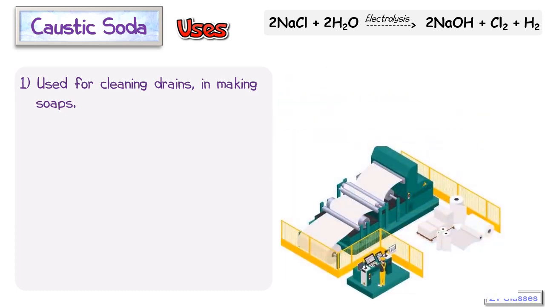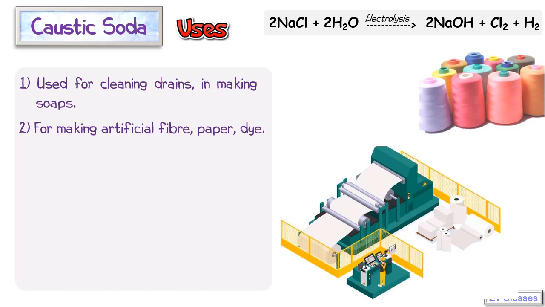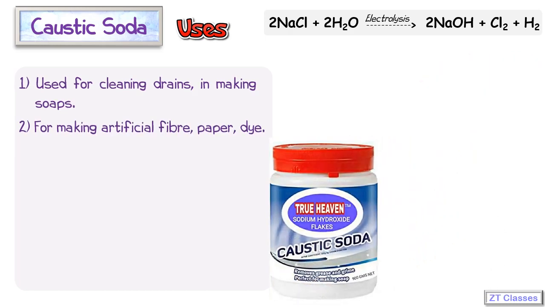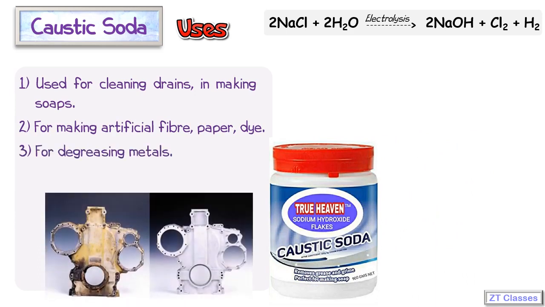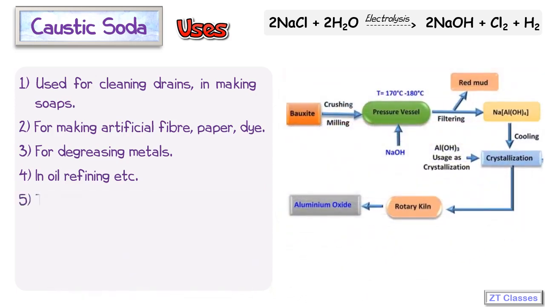Caustic soda has a lot of industrial usage, especially in making paper or artificial fiber like rayon. It's also used extensively for degreasing or cleaning of metals and has usage in oil refining. In metallurgy, caustic soda is used to extract aluminium from one of its ores, bauxite.